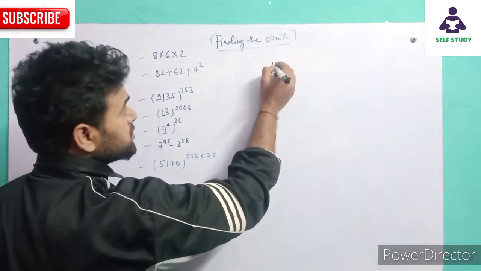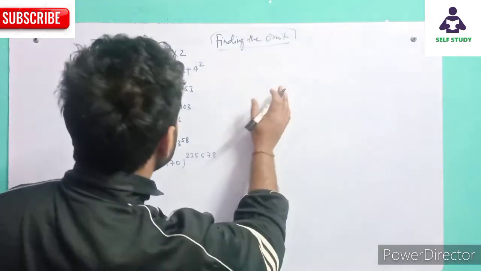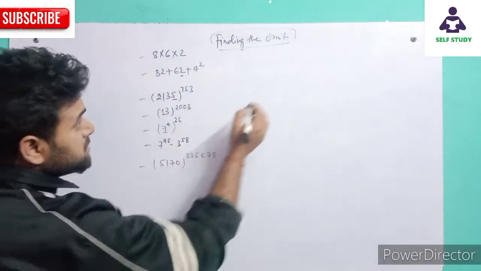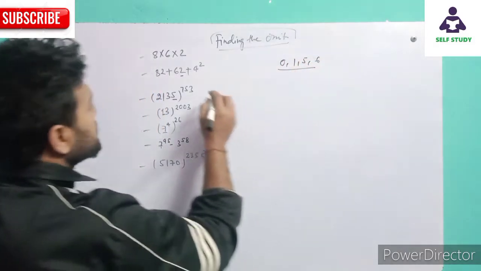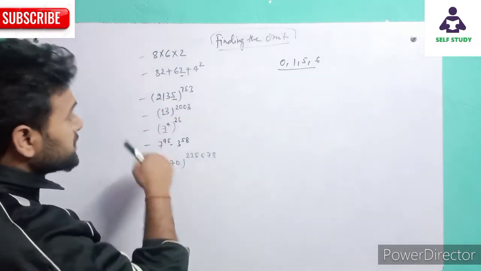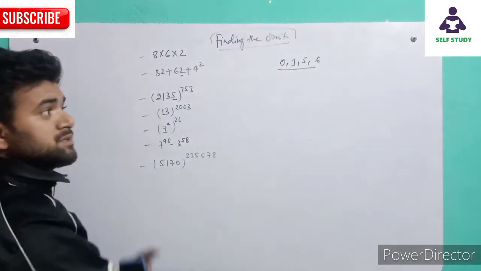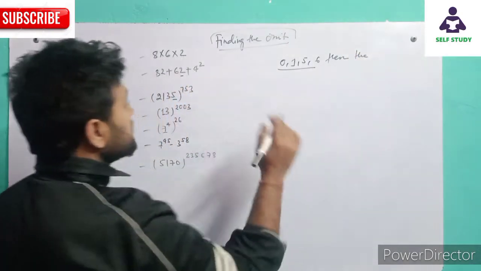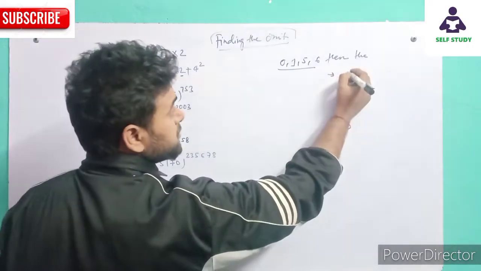The first concept is: if the unit place of any number ends with 0, 1, 5, or 6, then any power of that number always has the same unit place.